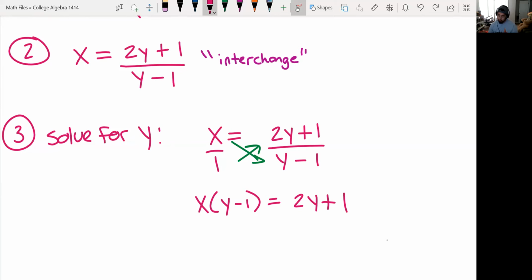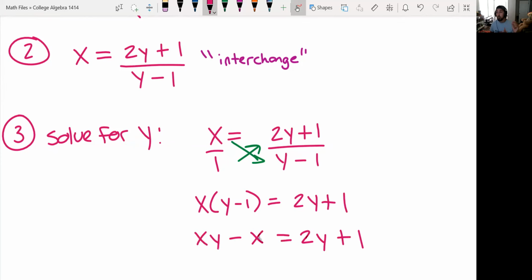So we're going to get xy minus x equal to 2y plus 1. Now, once again, what variable are we solving for? We are solving for y.